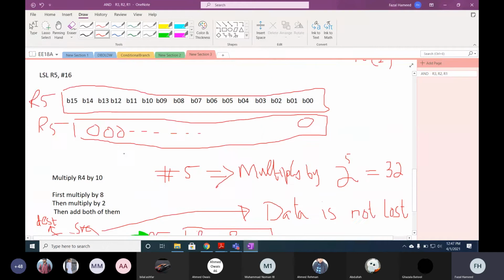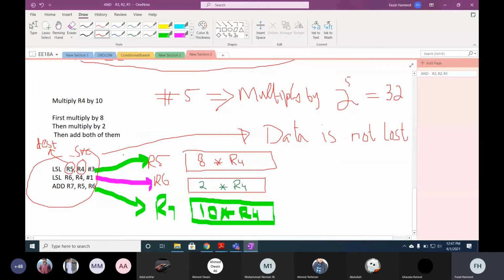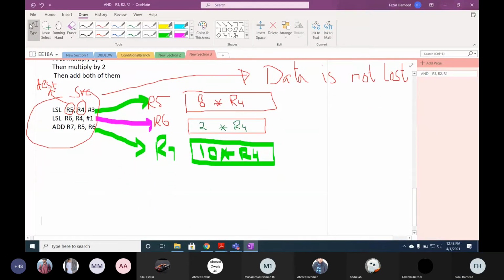Okay. Now if we multiply by 2 to the power n, the logical shift left is actually multiplying by 2 to the power n. So what should the logical shift right be? If I write it like this, logical shift right operand hash n, what will this operation be? Are we decreasing the weight or increasing the weight?